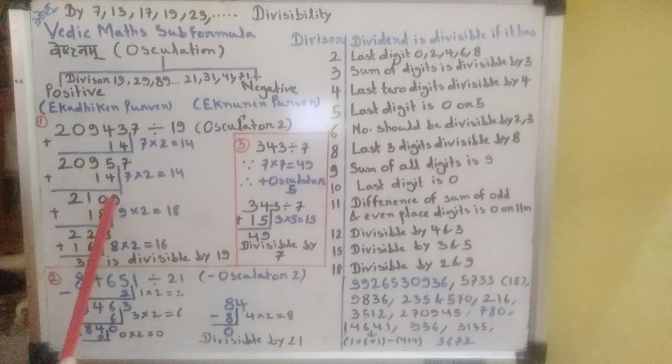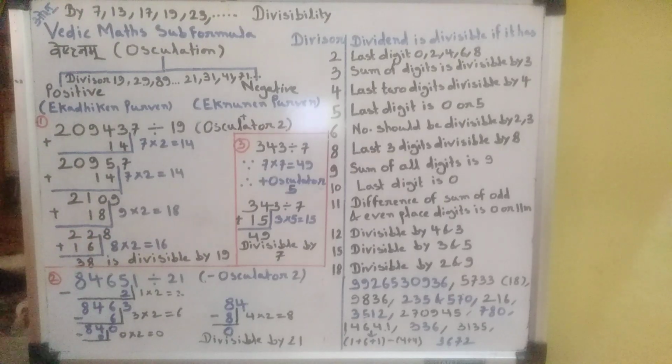Again we multiply the last digit by 2. We delete or hide this last digit and add the product to the remaining number, and we repeat the same process.